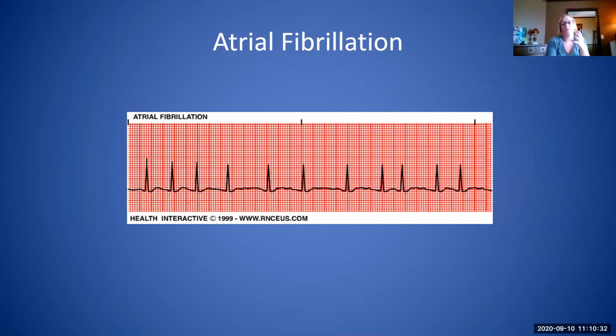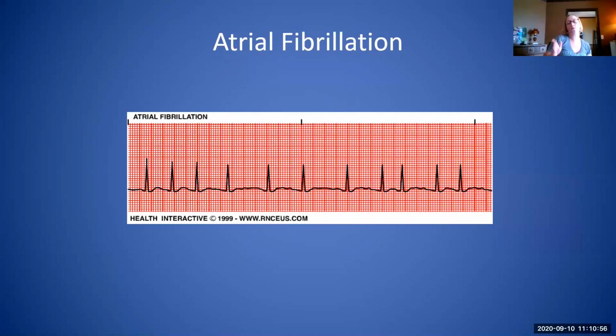What's happening here is there are multiple foci causing that atrial depolarization at a rate of 400 to 600 beats a minute. So it's just going crazy. It's quivering, and all these beats are trying to go through at a rate of 400 to 600 a minute because it's coming from multiple different foci.